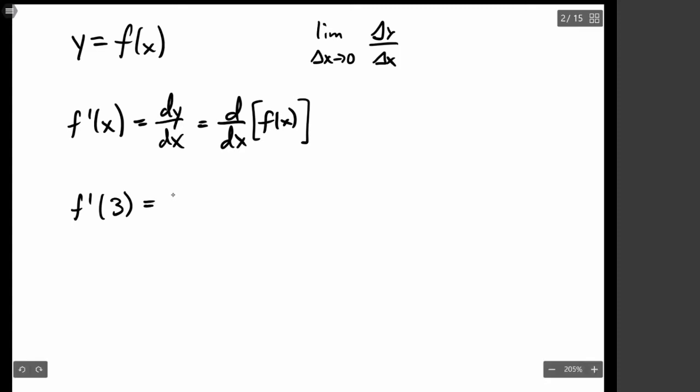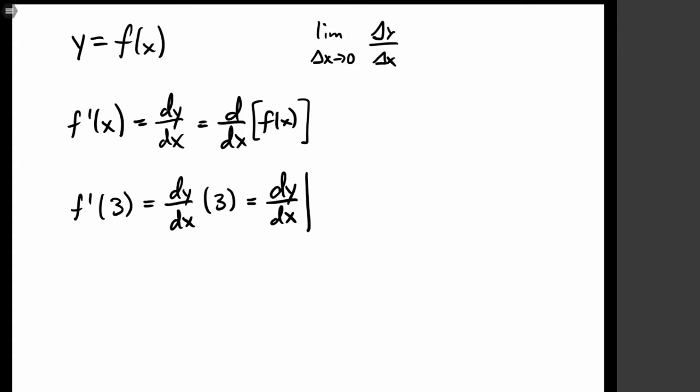Well, sometimes you'll just see dy dx of 3. That's something you'll see. Another thing you'll see is dy dx, and then we draw this vertical bar here, and we would write x equals 3, or whatever the independent variable is.